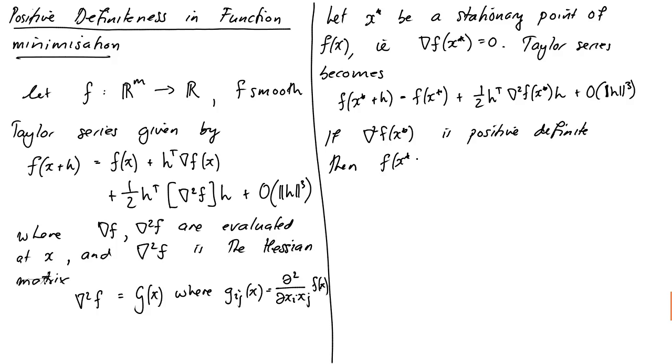Then f of x star plus h is greater than f of x star for all h with h not equal to 0 and norm h sufficiently small.